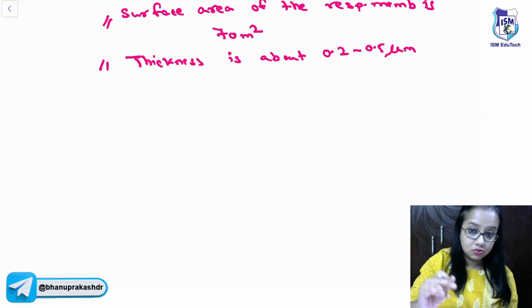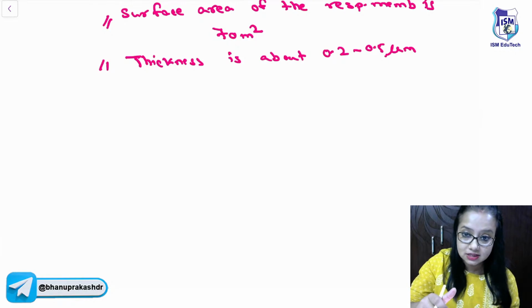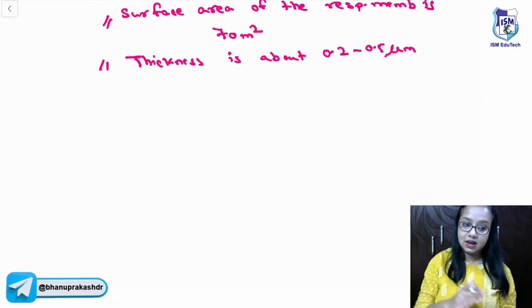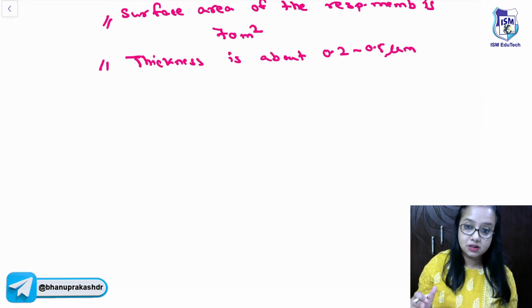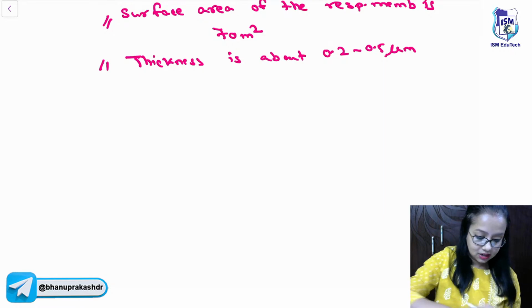Now, we are inspiring and expiring gas, and whenever gas has to move from one place to another, the law it follows is always a physical principle, because it is gaseous in nature.